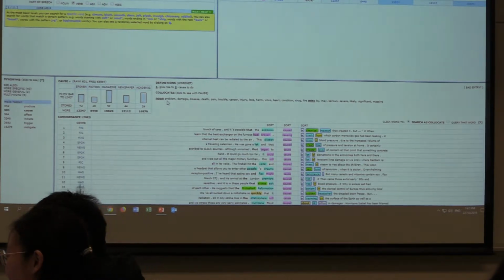For example, when you take a look at all the nouns listed here for "cause", you can see problem, damage, disease, death, pain, trouble, cancer, injury, all negative, right? Now, when you search "lead", it will be different.